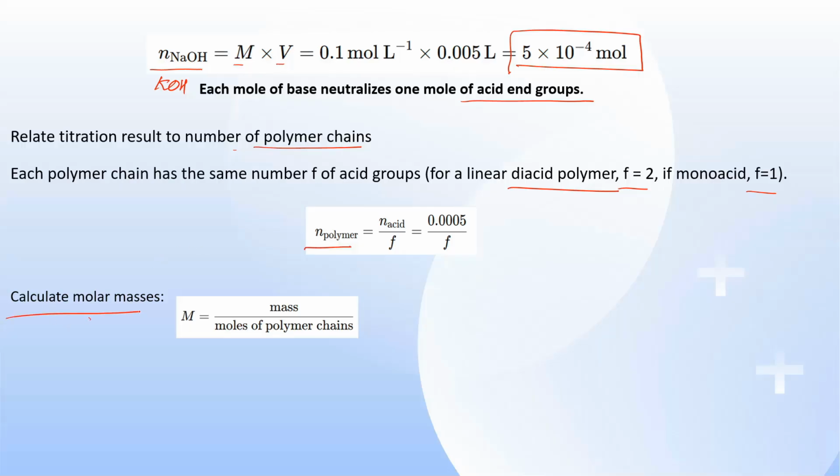Now let's calculate the molar masses. The formula for molar mass is mass divided by moles of polymer chains.